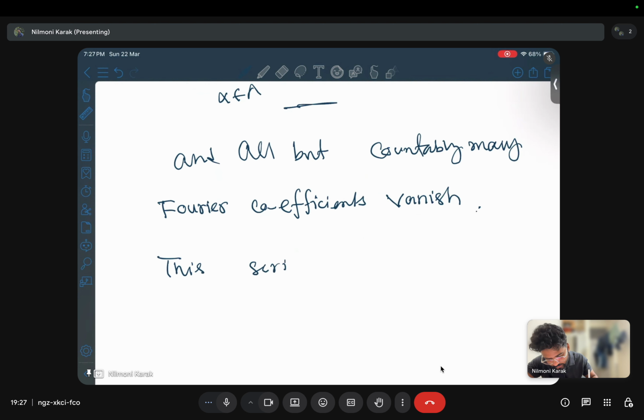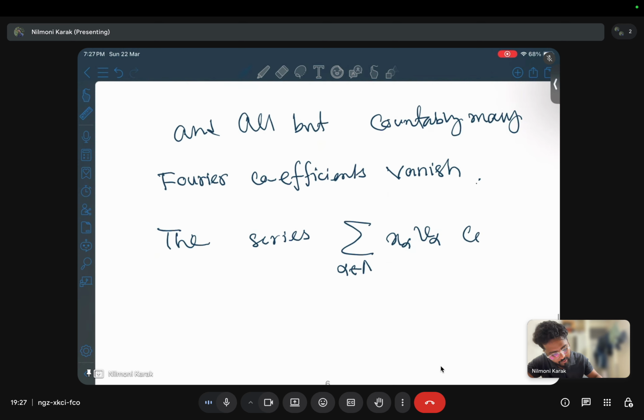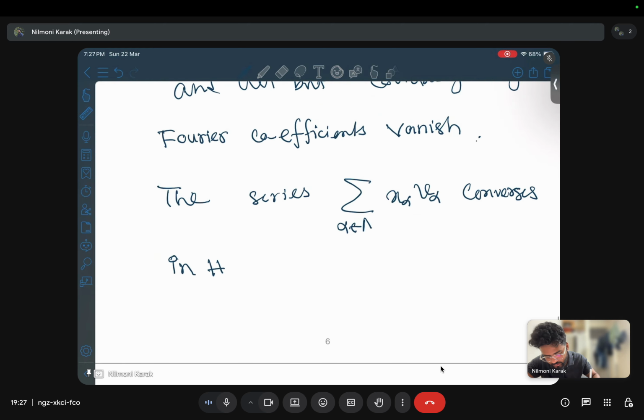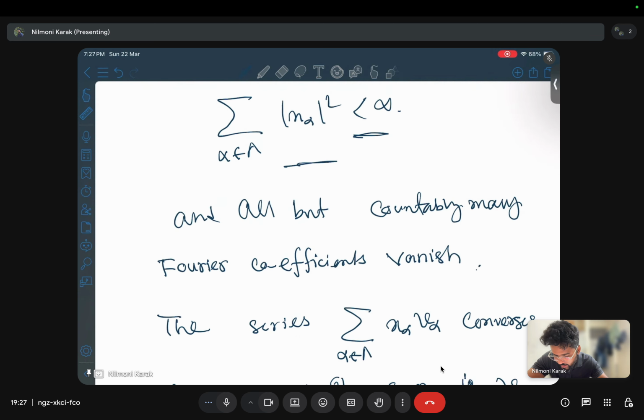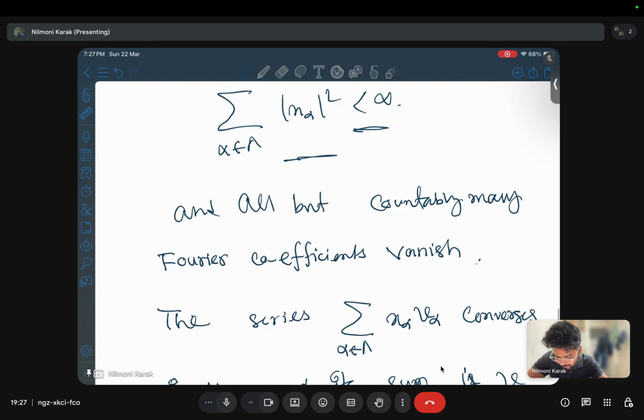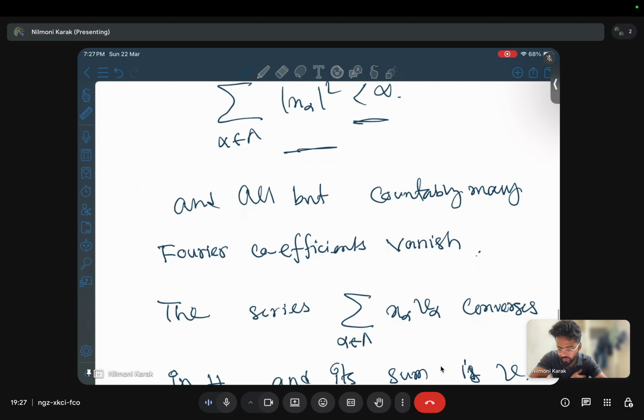The series converges in H and its sum is V. Okay.